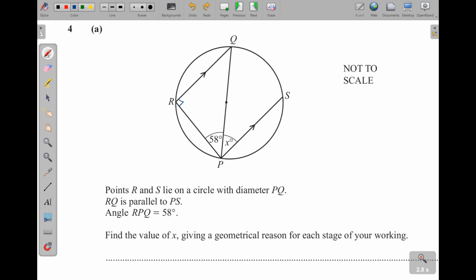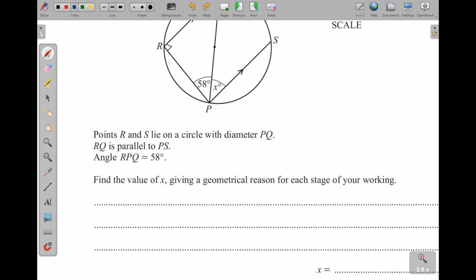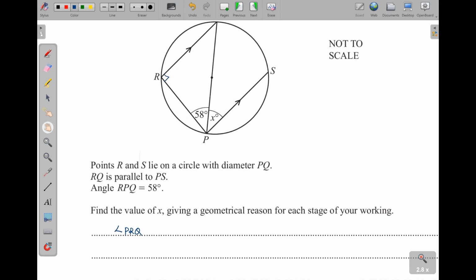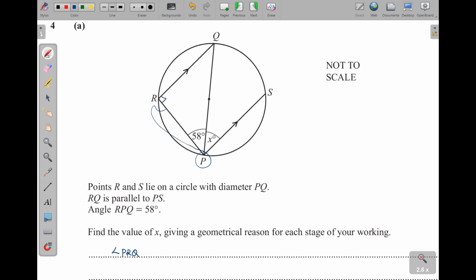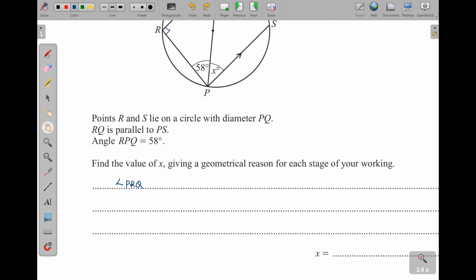So we shall say that angle PRQ, this P, then R, then Q, this is the R here, is equal to 90 degrees. And then my reason is going to be angle in a semicircle is always 90 degrees.